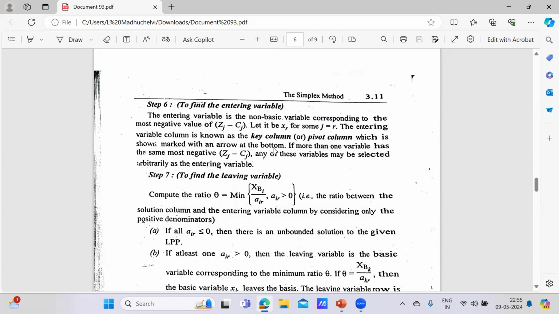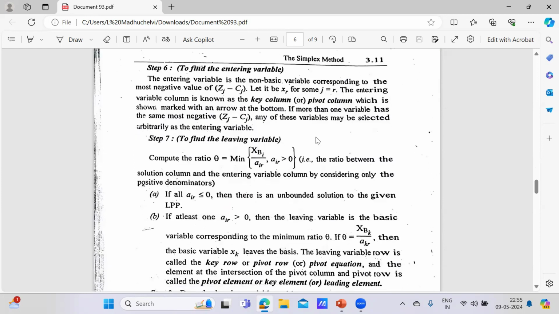If one or more of the Zj minus Cj are less than 0, we choose the most negative one. Let the entering variable be XR for some j equal to R. The entering variable column is known as the pivot column, which is marked with an arrow at the bottom.